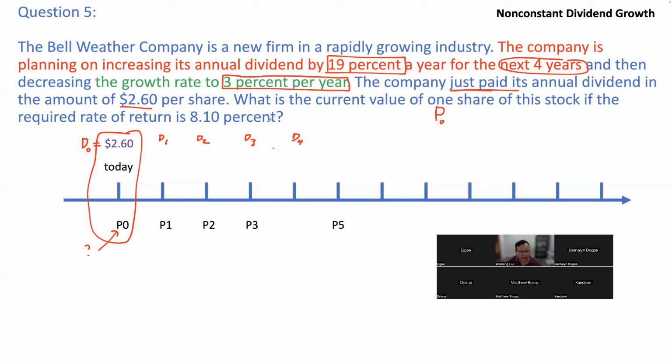So Cheryl said you use D0, 2.6, times 1 plus the growth rate, 1.19. That's correct. That's your D1.